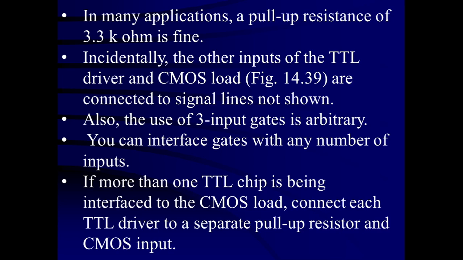We have not shown where these inputs are connected, but they may be connected to signal lines, that is, outputs of some gates. If more than one TTL chip is being interfaced to the CMOS load, connect each TTL driver to a separate pull-up resistor and CMOS input.